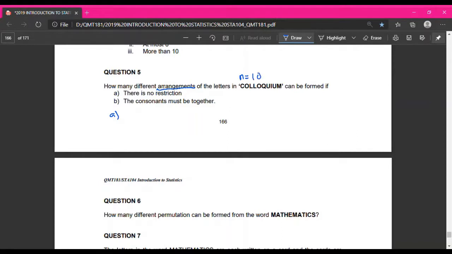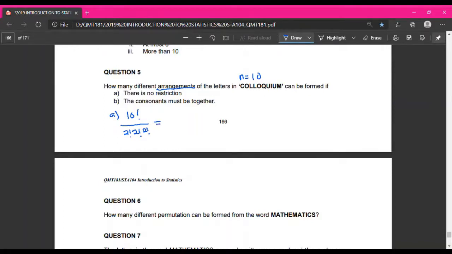N altogether 10. 10 factorial divide dengan ada letter yang berulang, which is C only 1. Nak tulis 1 factorial pun boleh, tak nak tulis pun tak apa. We have 2O, 2 factorial. We have 2L. And then Q only 1. U 2. I only 1 and M only 1.